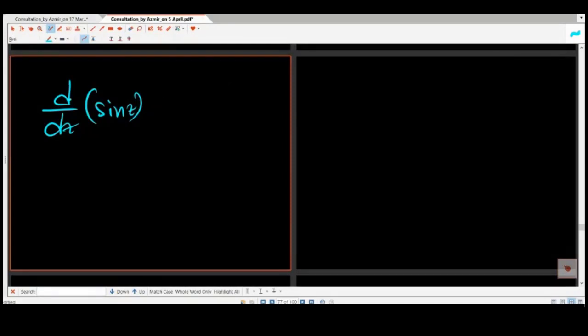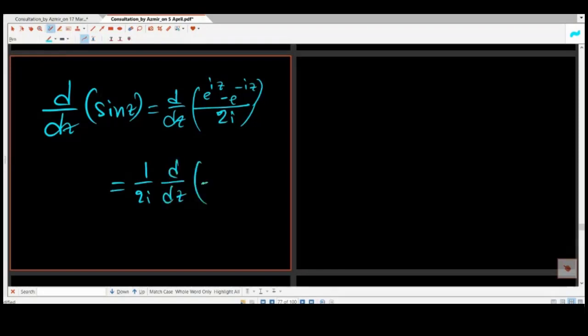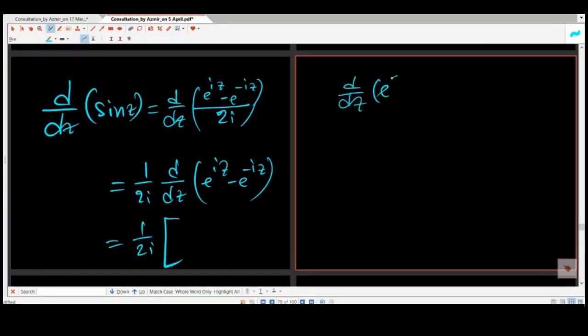So let's have a look at how we can find the derivative of sine z. We know that sine z is (e^(iz) minus e^(-iz)) over 2i. Here 1 over 2i is constant, so we can pull this out front. We have e^(iz) minus e^(-iz). Now the derivative of e^z is e^z.